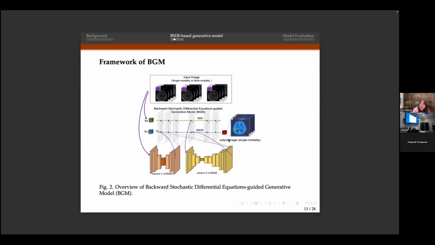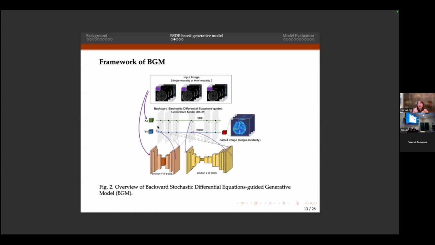So overall, given an input image represented by X, we also get a target image denoted as Y capital T. We established a connection through this forward and backward stochastic differential equation, that is BSDE. So through this system, we characterize the process.